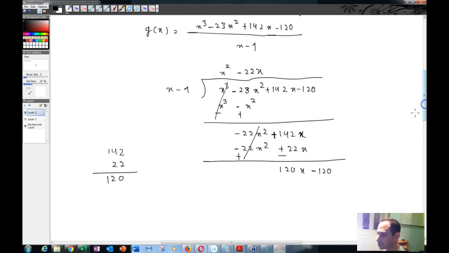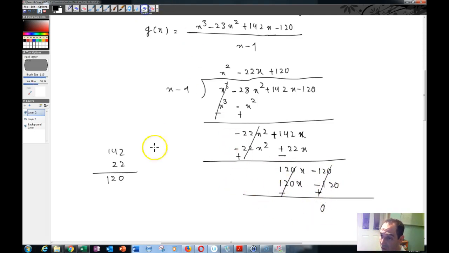Now 120x divided by x is 120, so that's 120x and minus 120. They cancel out to 0. And of course, you should expect to get a 0 remainder because you knew that x minus 1 was a factor of this polynomial here, right?